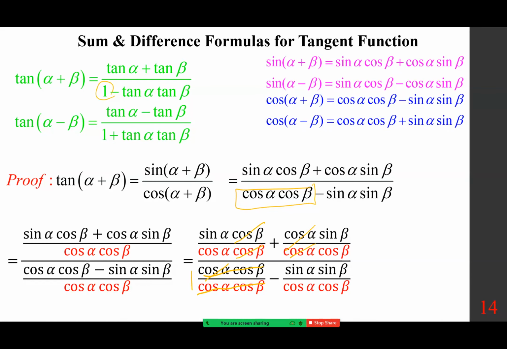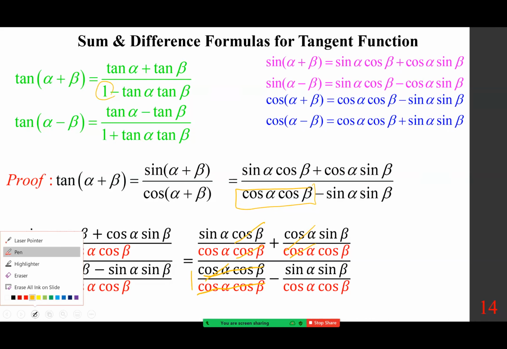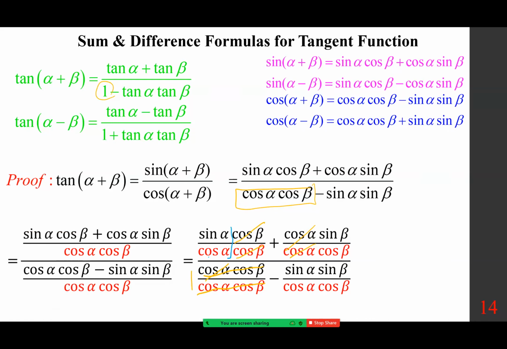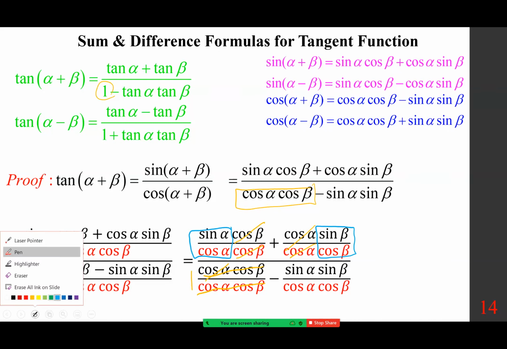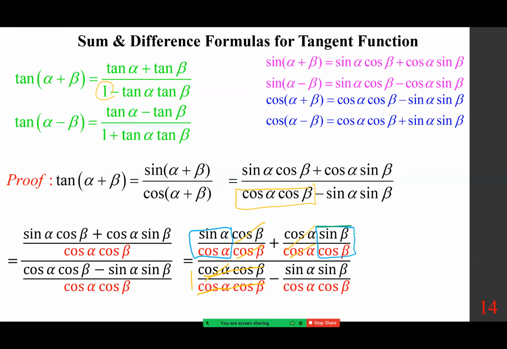So let's see what we have now. We use a different color. We have this one, sine alpha over cosine alpha is tan alpha. We have this one. Sine beta over cosine beta is tan beta.